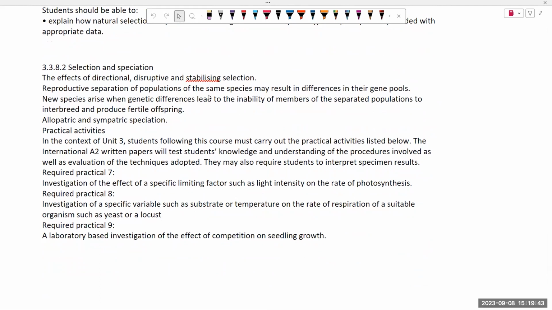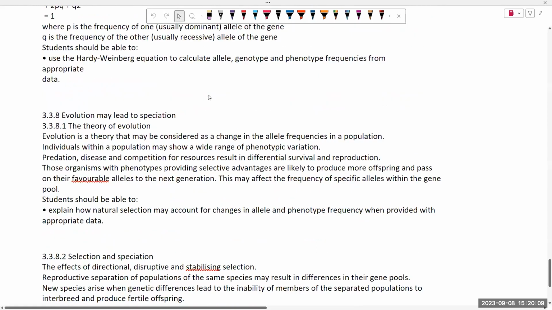Then again, we will go to selection, as we had variation in IGCSE or International GCSE level. Then we will learn something about speciation, which is also a nice part. This unit correlates the biology inside living things with the environment. Is it clear? What is the sequence of the topics that we will give?